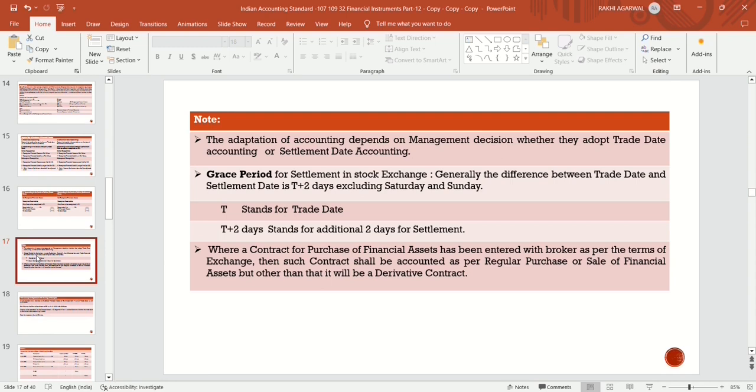Otherwise, it will be treated as a derivative contract.